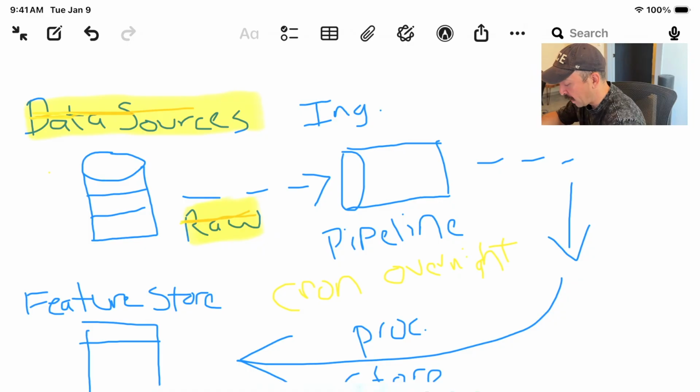Think of data sources as law firm documents. This could be the document management system with contracts, matter records, billing, client intake forms, and notes on how past negotiations resolved. This is where raw material lives in general.